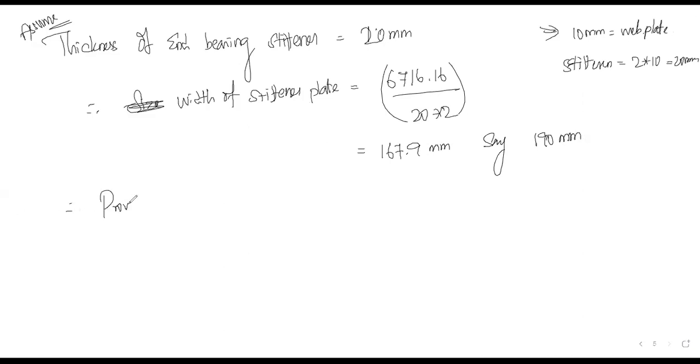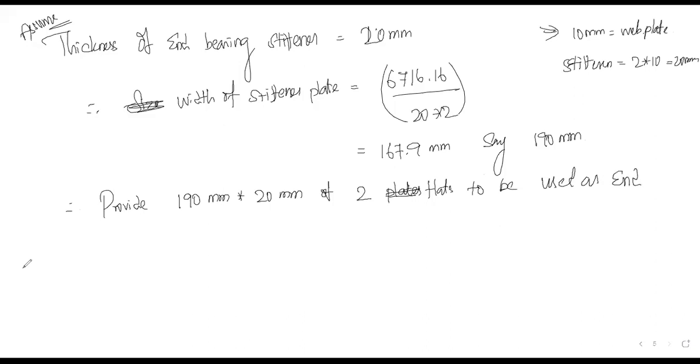Therefore, provide 190 mm by 20 mm of two plates. Two flats are to be used as end bearing stiffener.